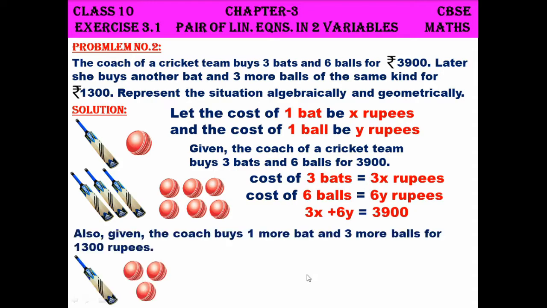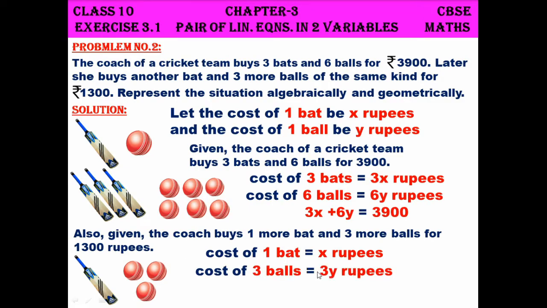Okay. Now we'll go for the next condition. The next condition is that the coach buys 1 more bat and 3 more balls of the same kind. Again 1 bat, so the cost is X rupees. 3 balls, so the cost is 3Y rupees. And the total cost is 1,300 rupees. So I get the next equation as x plus 3y equals 1,300.